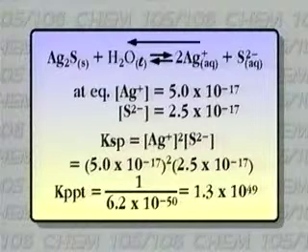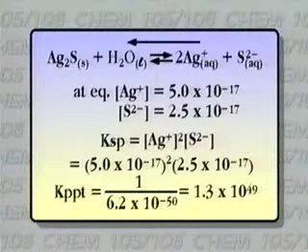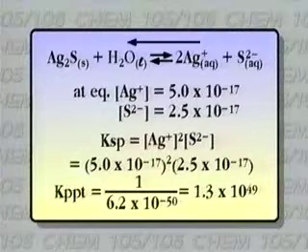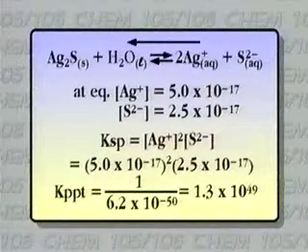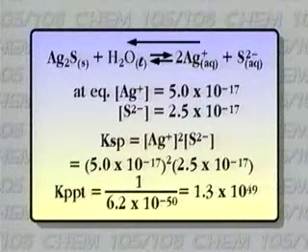So if I ever get any silver ions in the presence of sulfide ions, I can pretty well expect that they're going to react to form solid silver sulfide and not leave a whole lot of the ions left behind.